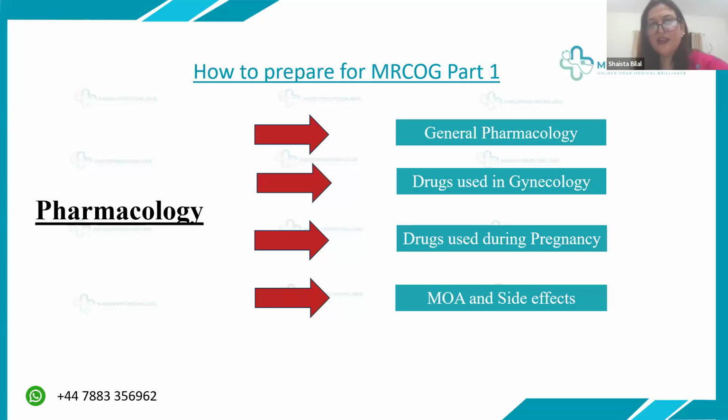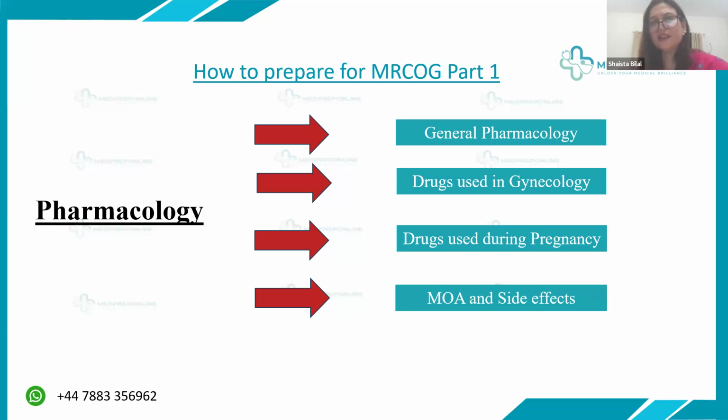And other medications, like which medications are contraindicated during breastfeeding and during pregnancy, and what will be their effects on the fetus. So these things you should remember. For example, a patient is on carbimazole, an anti-thyroid drug. How will you follow up? This is very important because carbimazole causes neutropenia, and the patient will present with sore throat.